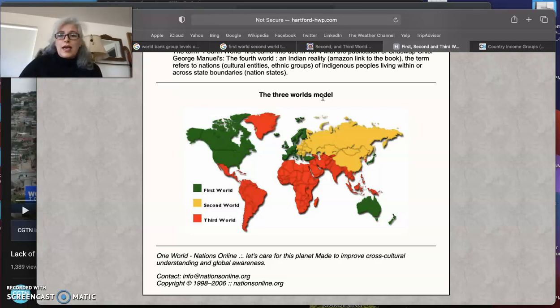So we're going to look at the degree to which levels of development in an area can contribute to the push or pull factors for migration.